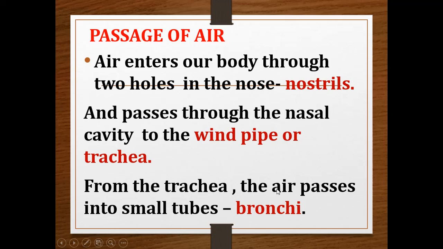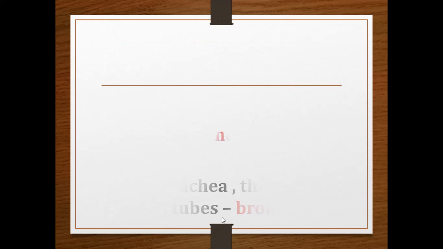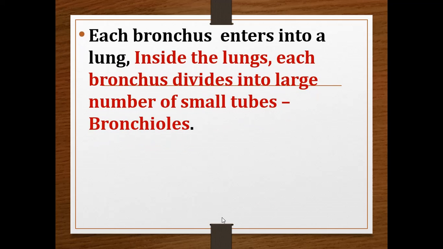From the trachea, the air passes into small tubes called bronchi. Each bronchus enters a lung. Inside the lungs, each bronchus divides into a large number of small tubes called bronchioles.